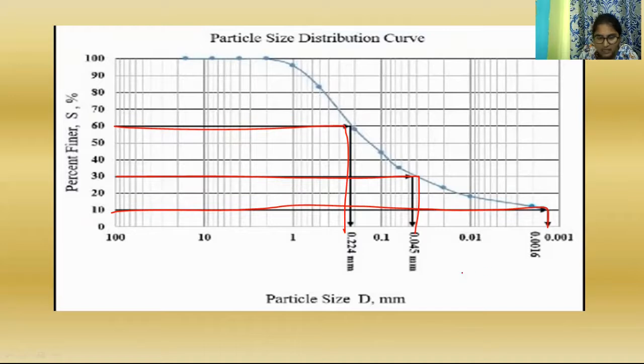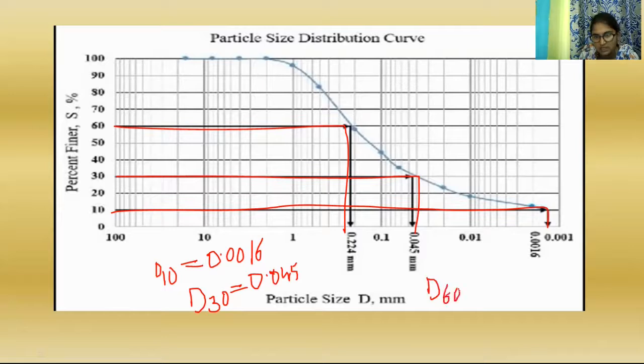D10 is equal to 0.0016, D30 is equal to 0.045, and D60 is equal to 0.224.